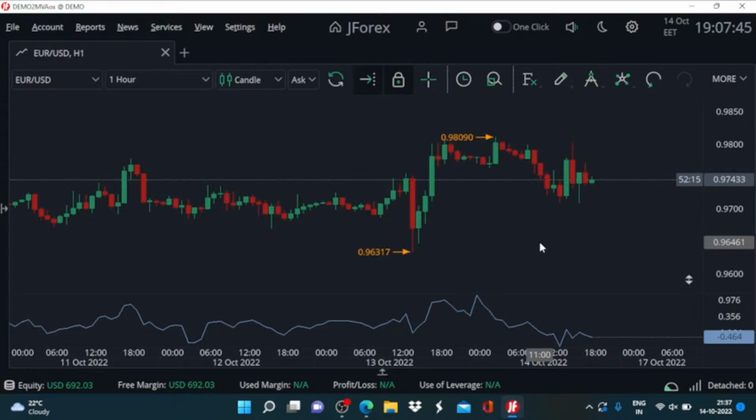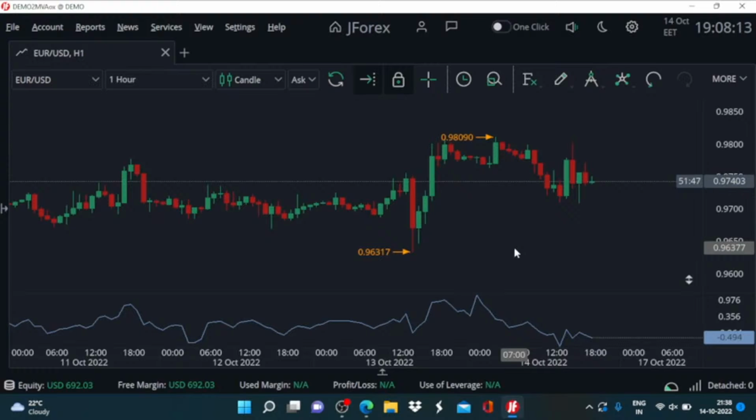But if stabilization happens, and we see that the momentum is waning, the rate of change is not really increasing anymore, in that case we can go for profit booking if we have a prior trade open, or we can simply look to ride out this consolidation phase, and then when there is a fresh initiation of momentum, we can try to make new trade entries.